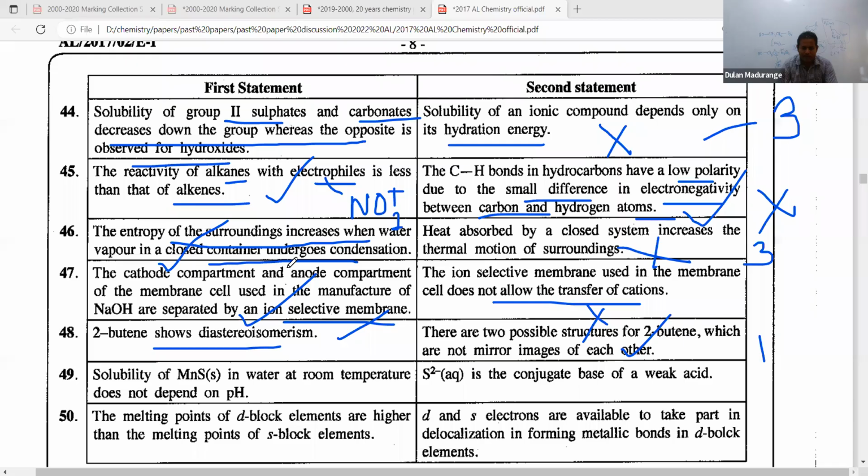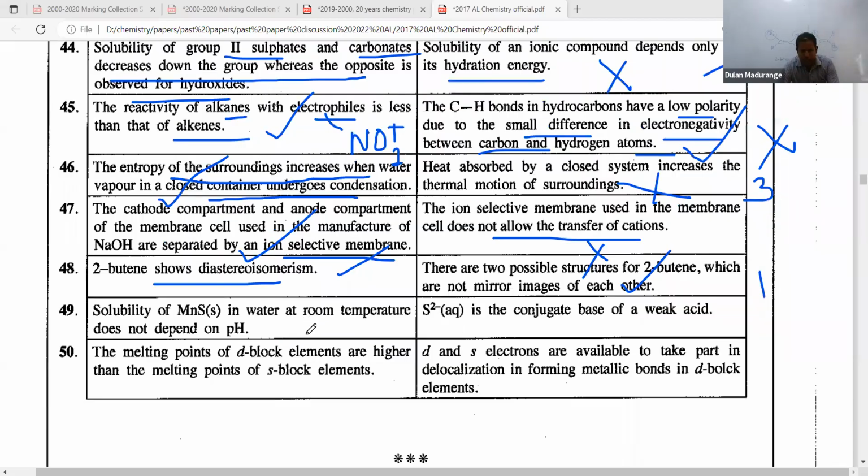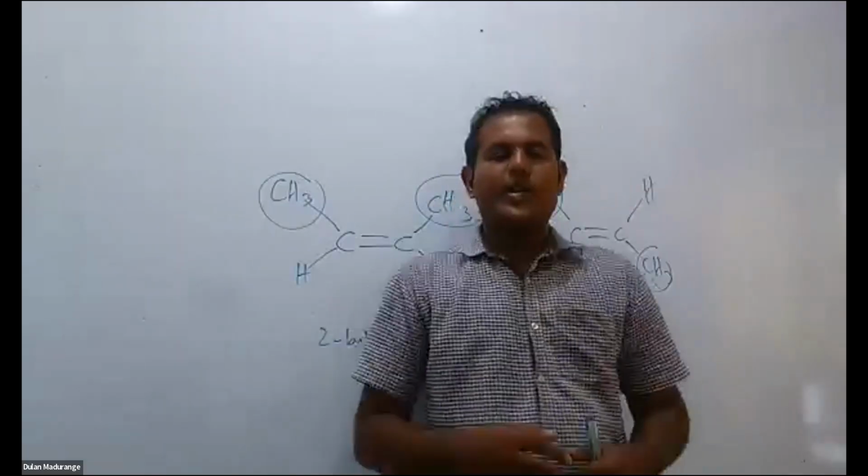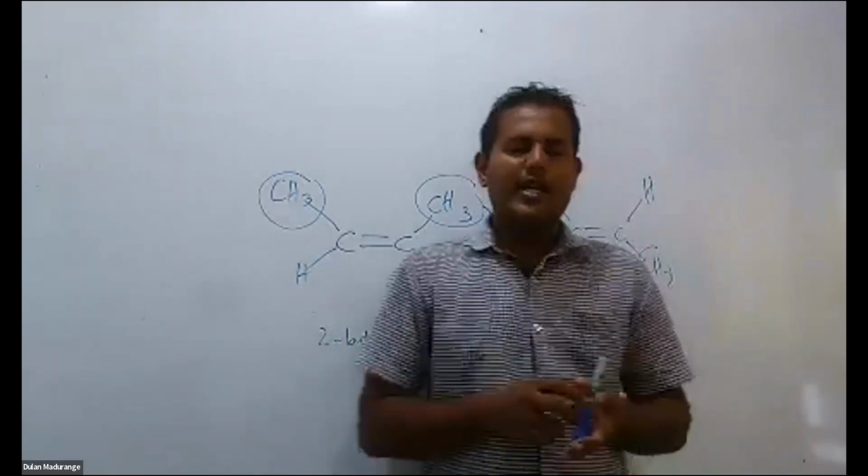So then 49, from the question you got answer 4, first incorrect, second correct. S2 minus is a conjugate base of a weak acid. So මෙතන weak acid එක වෙන්නේ HS minus, H2S නෙවෙයි, right? Then solubility of manganese sulfide in water at room temperature does not depend on pH. මේක වැරදි. In manganese sulfide we have S2 minus ion.